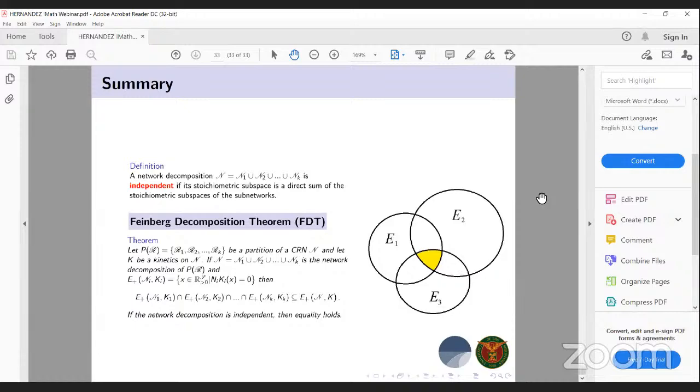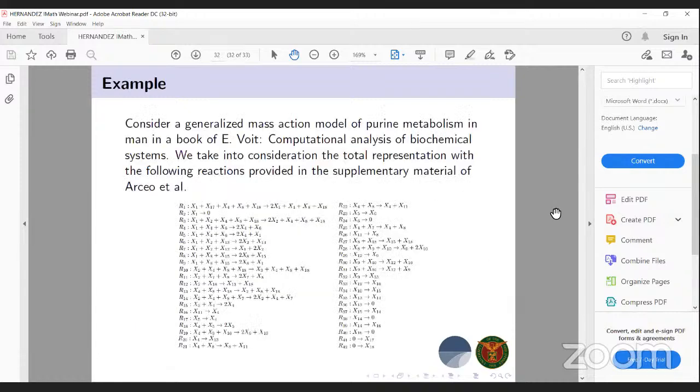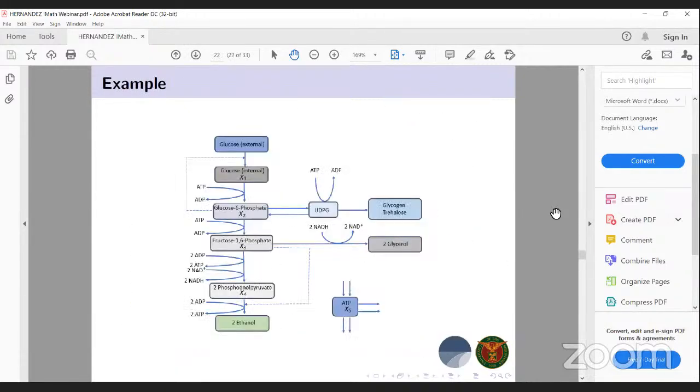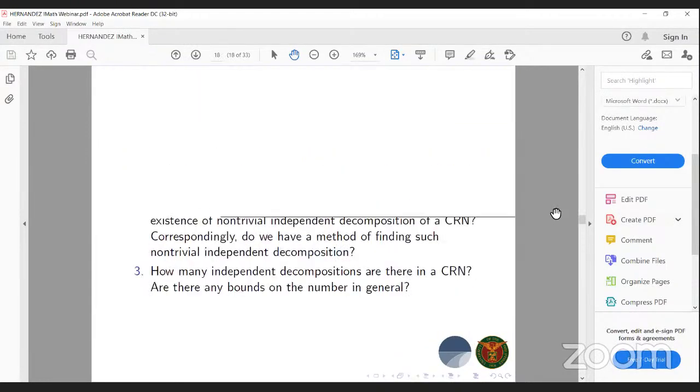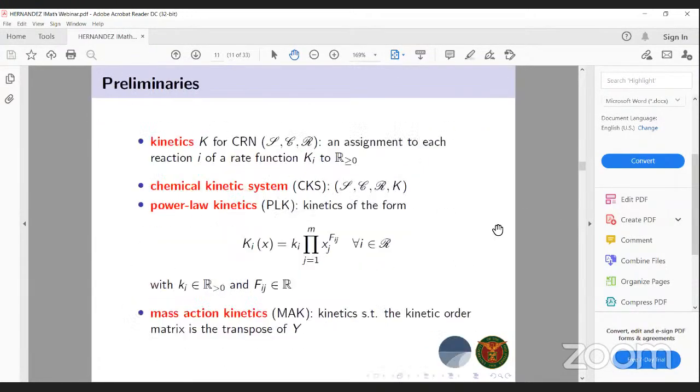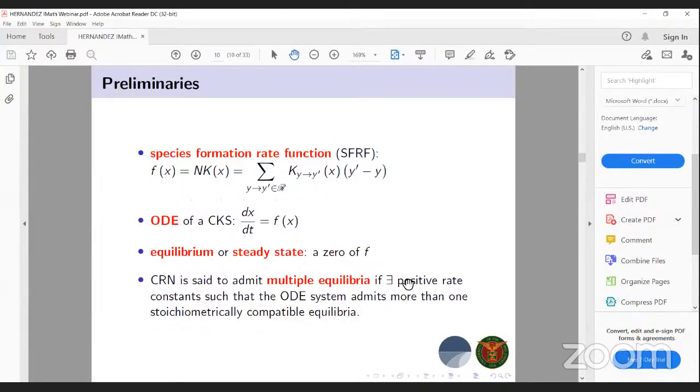Kasi nga dun sa, as you can see in the species formation rate function. Dito sa species formation rate function, so kasi pinag-aaralan natin dito yung equilibrium, so this is equal to 0. Zero to kapag kinukuha natin yung equilibrium. Now, kasi meron ditong species, so merong projection from the whole network papunta dun sa subnetwork para magawa natin.